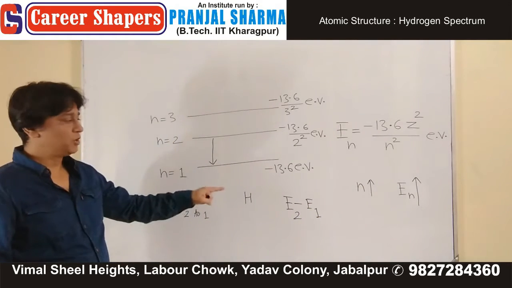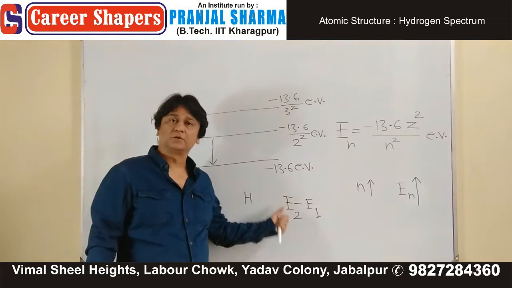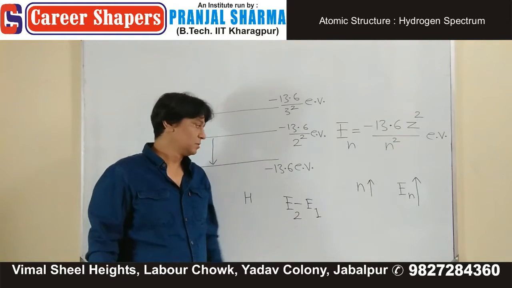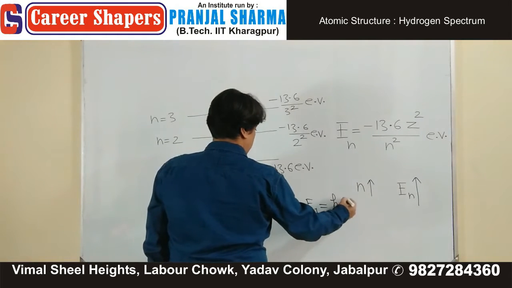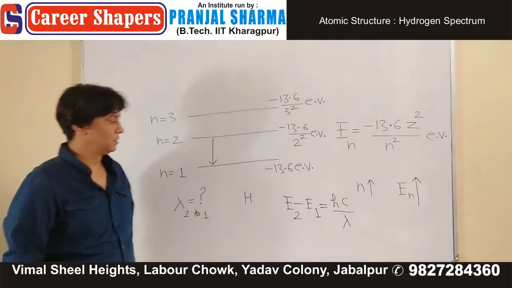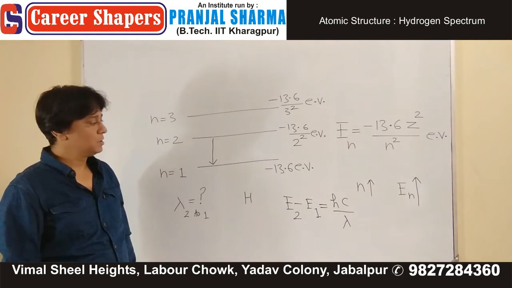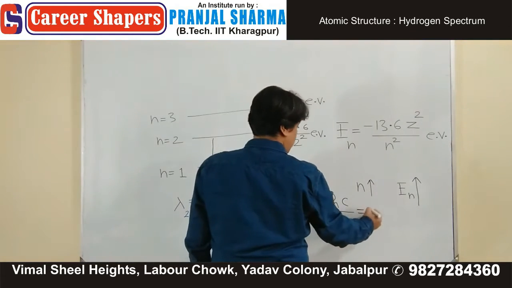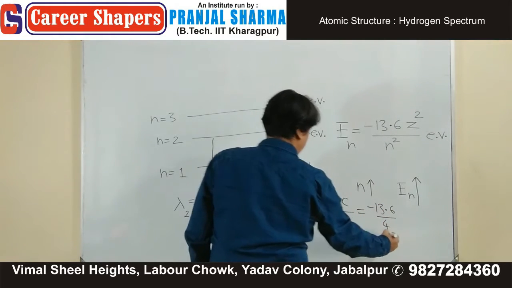And this energy is then lost in the form of electromagnetic radiation, whose energy is given by hc upon lambda. E2 minus E1 is equal to hc upon lambda. E2 is minus 13.6 divided by 4.